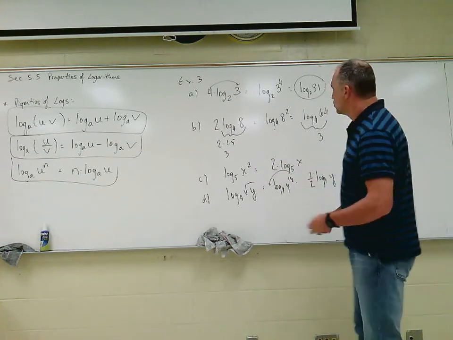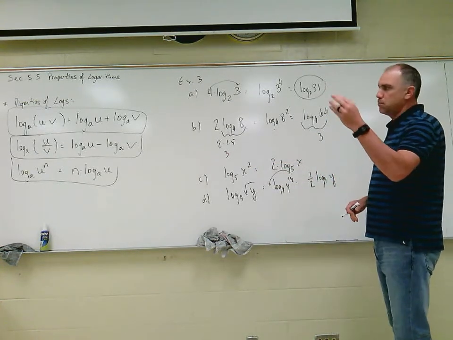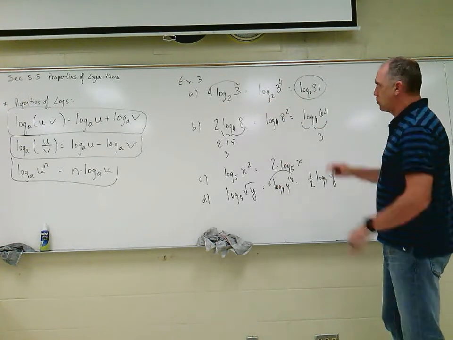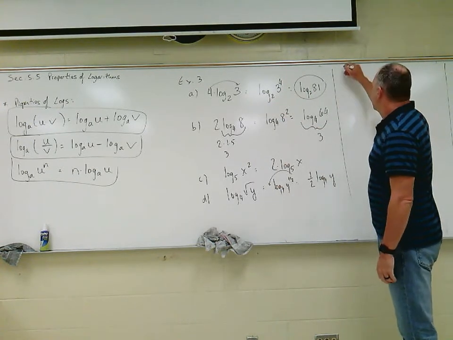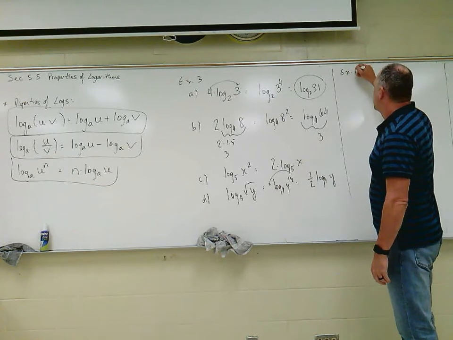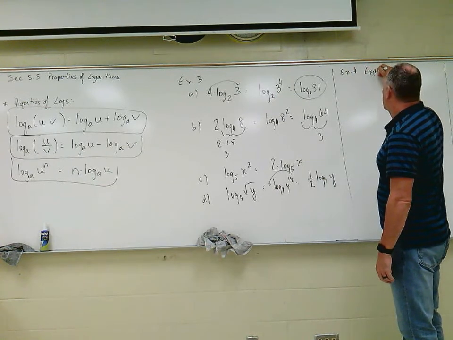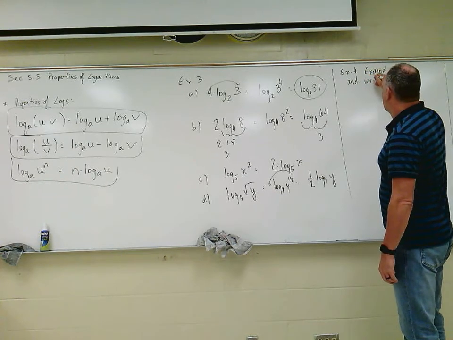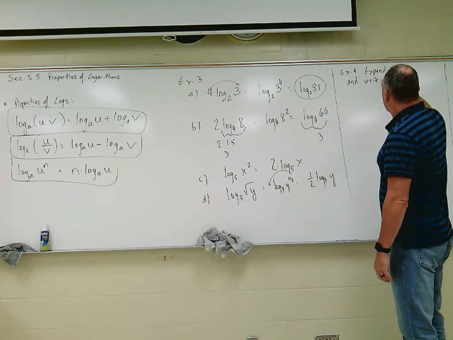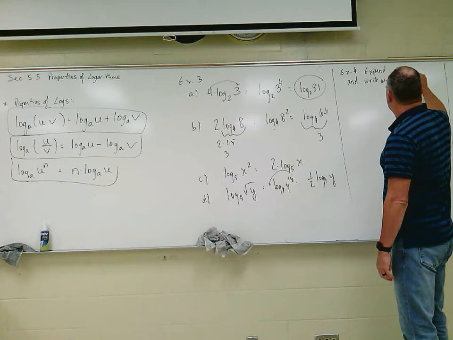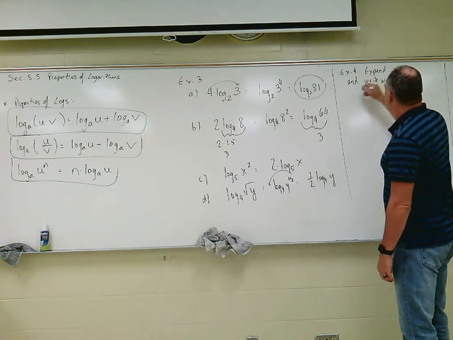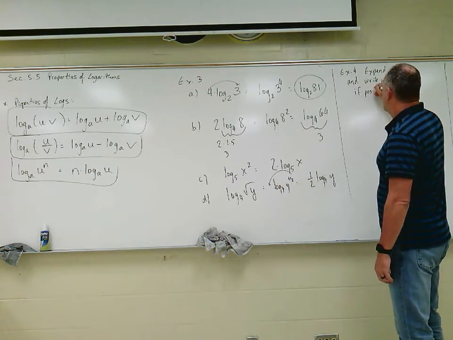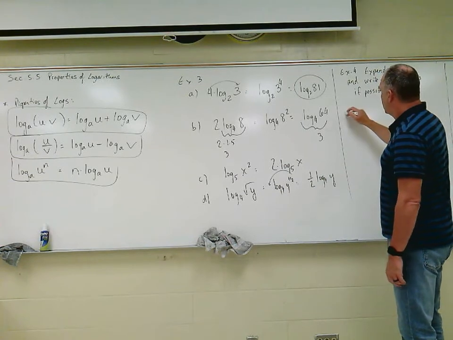Now here's where we would put the first 2 properties together with the third one. The question on example 4 might just say expand and write with no exponents if possible.